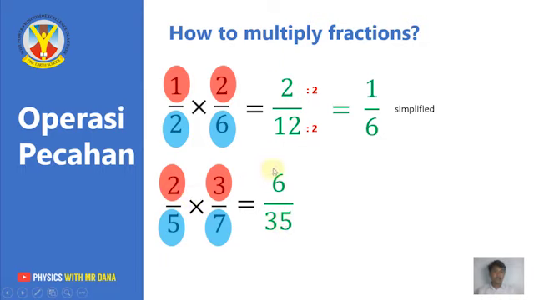So the answer is 6/35. Do you think you can simplify this? No, you cannot divide 6 and 35 by the same number like 2. That means it cannot be simplified, so 6/35 is the final answer.